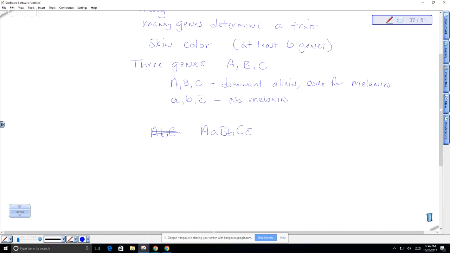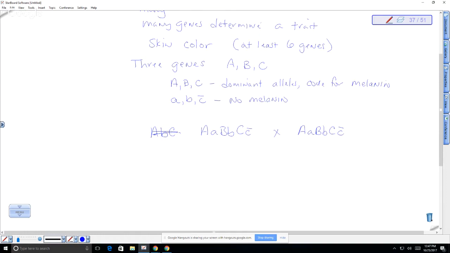They would have a medium skin tone, right? And you could have them mate with a person with the same genotype. This would mean that they are heterozygous for all 3 genes, because they have a big dominant allele and a recessive allele for all 3 genes.